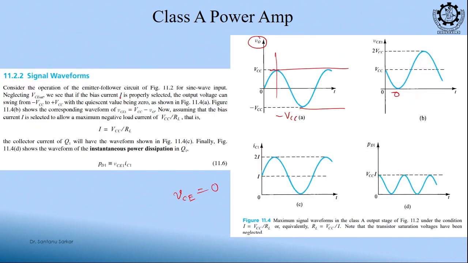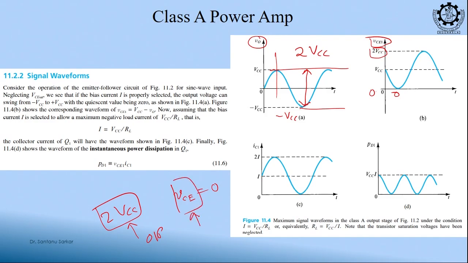So, this maximum voltage will be allocated either to this or to this. My VCE can go from 0 to twice VCC. Output can go from minus VCC to plus VCC. So, what is the range? Twice VCC. What is the maximum possible peak to peak? Twice VCC. So, this twice VCC will go either to the output or to VCE. These are two options.